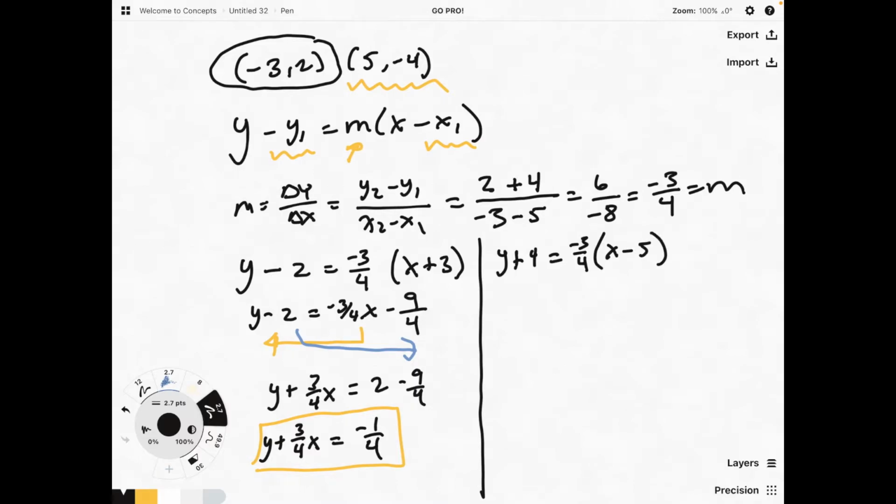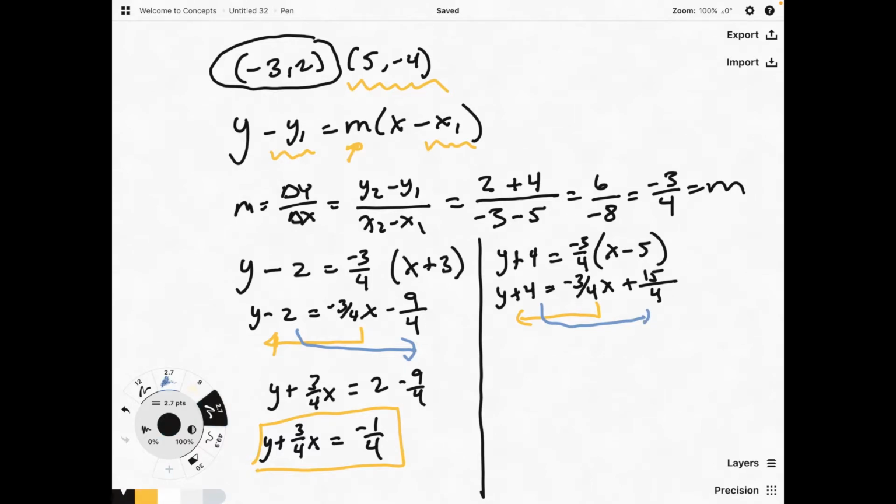All right, if we simplify, we get y plus 4 equals -3/4 x plus 15/4. We're going to bring the variables to the left, and we're going to bring the constants to the right.